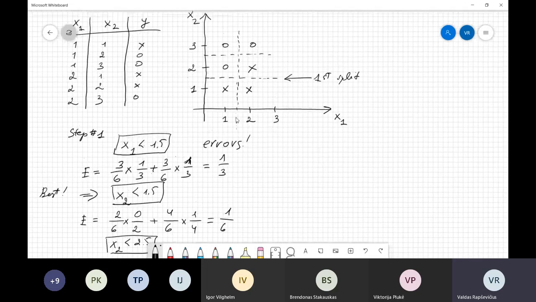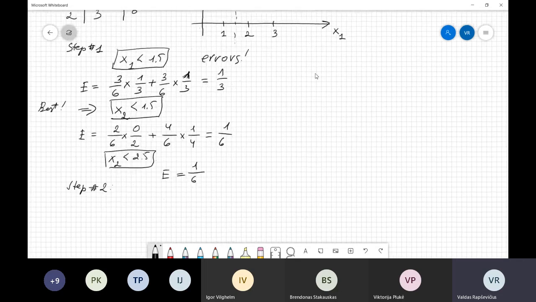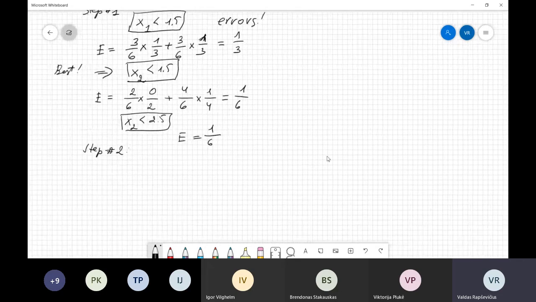So this partition is what we will be looking at. The first candidate for split is actually this one, right? This one and this one. As you can obviously see, those 2 splits would make exactly the same error, right? Because it would split into the circles and the 50% error, and this would split into the circles and 50% error as well. So basically step 1 would be the best split, x1 less than 1.5.